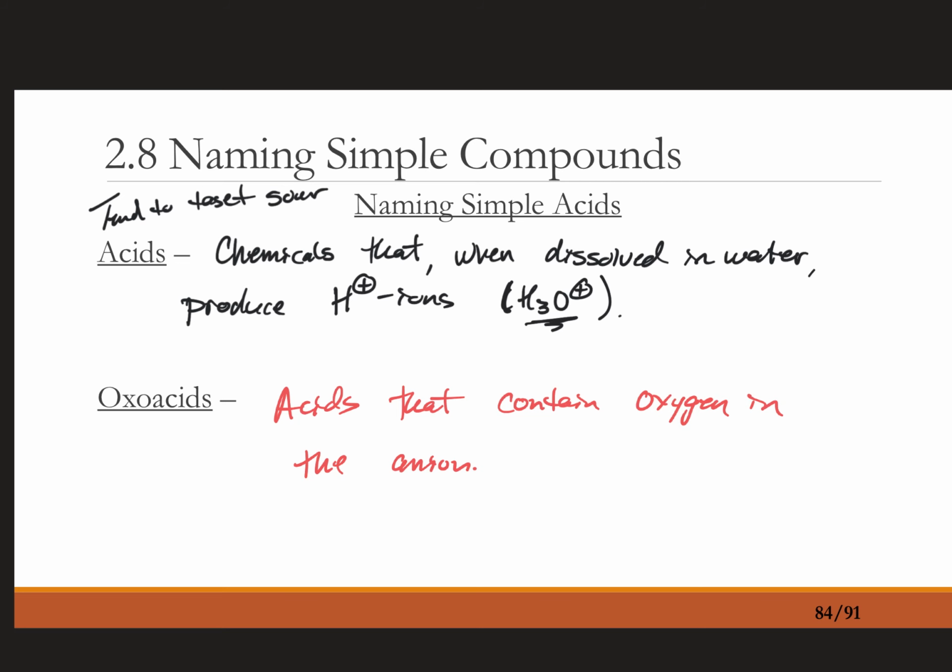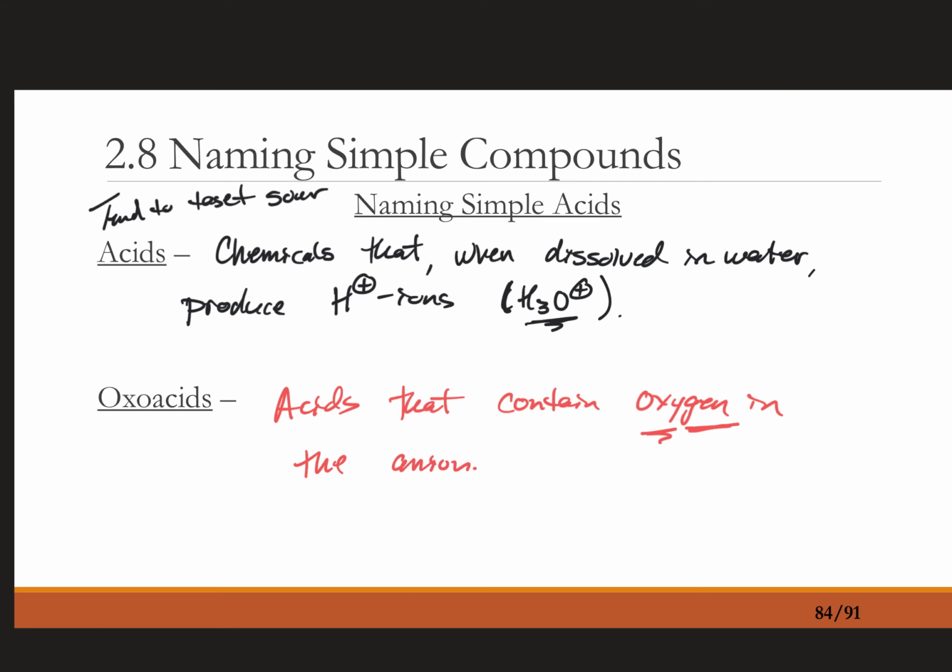The name oxygen itself means to generate acid. Antoine Lavoisier is the guy who discovered that. A lot of these oxygen-containing compounds were acids, so that's why he called oxygen oxygen.